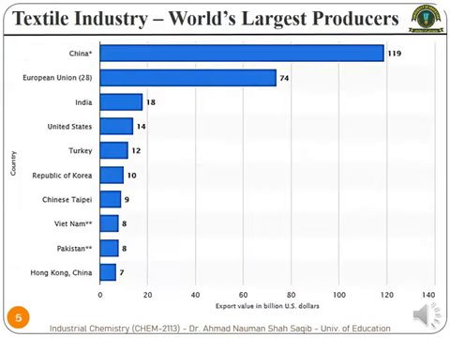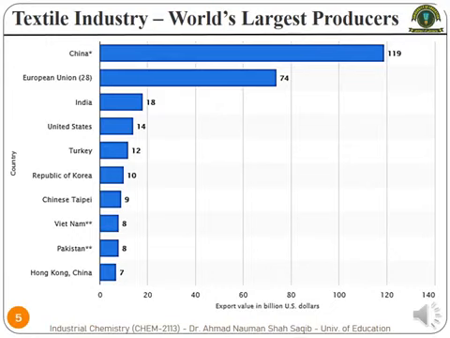Now let's have a look at the world's largest producers or exporters of textile products. So as expected, China is at the top of the table, as you can see in this diagram. This is the diagram which shows the 10 largest producers of textile products, and the values are given in exports in billion US dollars.